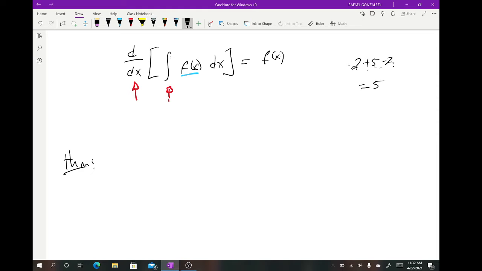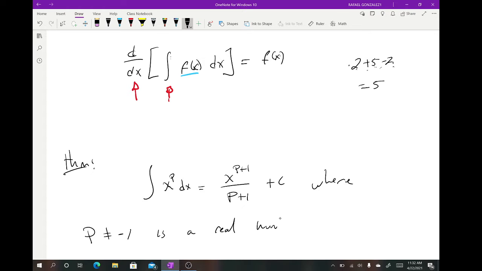If you're given an integral, say x to the p dx, if somebody asks you to find the antiderivative of a polynomial or a monomial x to the p, then that is going to be equal to x to the p plus 1 divided by p plus 1 plus c, where p is not equal to negative 1, it's a real number, and c is an arbitrary constant.